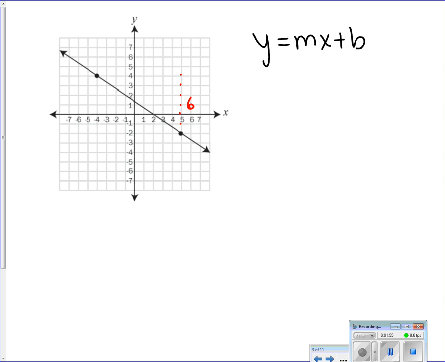Let me again continue to remind you. I just pick any point on the line, and I'm walking to another point on the line. There's other points I could have picked, but these two are actually circled, and I just know that these are on the line, and they're at corners of the squares. So I'm just going to walk from one to the other. I walk up 6, and I walk over 9. Now, that 9 is in the left direction, so it's actually a negative 9. The 6 was in a positive up direction, so that would have been a positive 6.